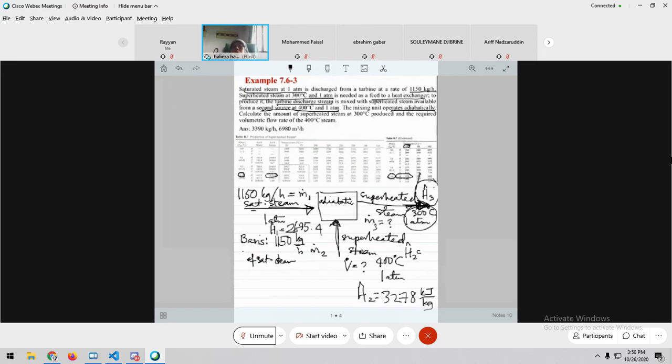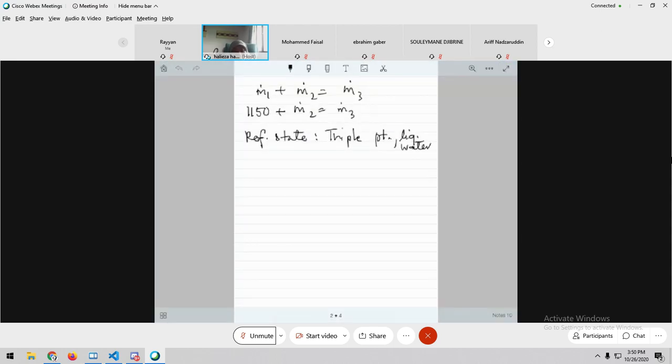Anyway, it's almost time up, so we're going to look at this next week. It's not really a big problem. It's just that you need to solve the material balance and the energy balance simultaneously. The material balance is not enough for you to solve it.